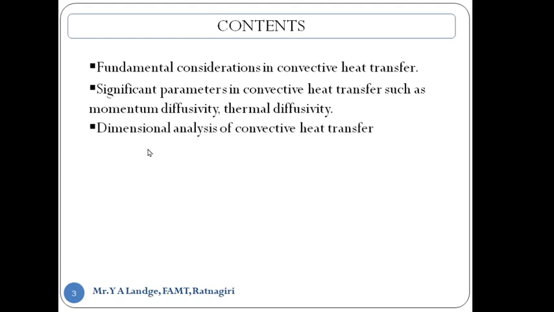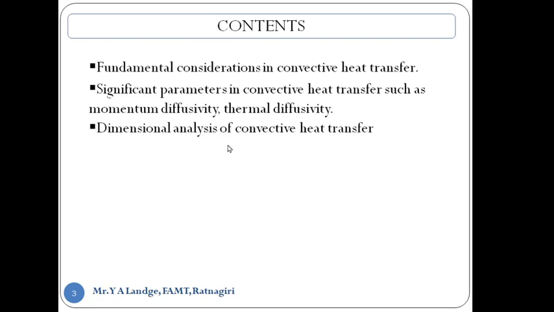We will learn the dimensional analysis of convective heat transfer. Now what is dimensional analysis? As I said earlier, convective heat transfer is a complex one. So there are a number of factors affecting the heat rate. Say there are 10 factors affecting convective heat transfer. With 10 factors, it is very difficult to calculate, and there is complication in the equations.